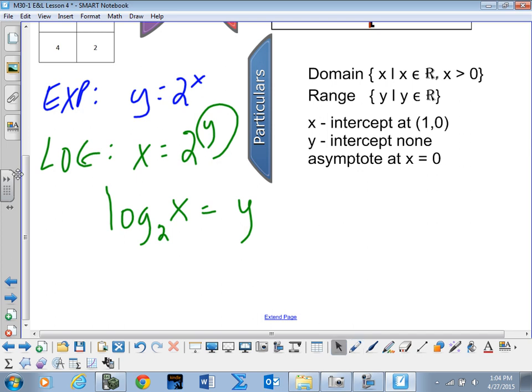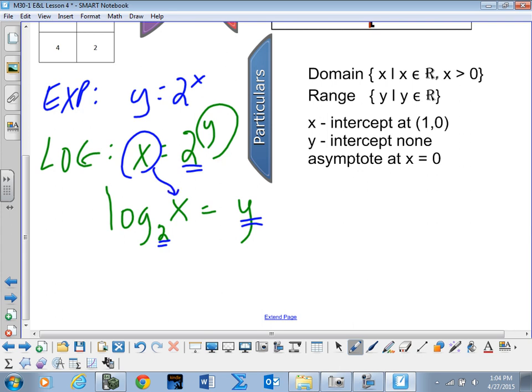Whatever the base is goes in this small subscript. That's your base. Now y is what we're isolating here.